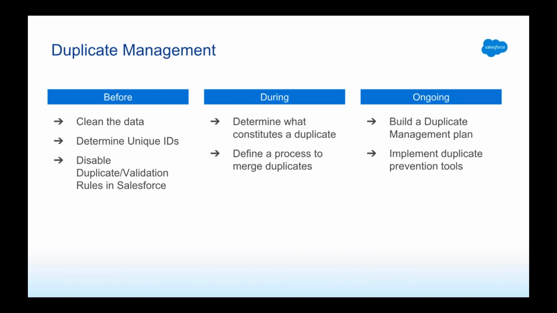For Desk migrations, that will be the Desk case or customer or company ID. And then you also want to disable your duplicate validation rules in Salesforce. Depending on which migration tool you use, you'll want to check on those and make sure that, if you do have those duplication rules enabled, how is that going to affect your data migration? And can you afford to turn them off during the data migration?